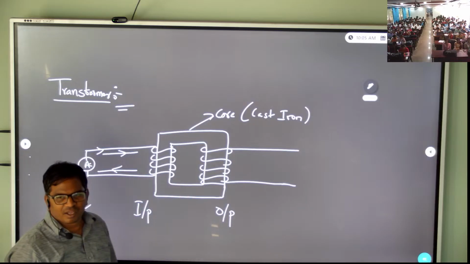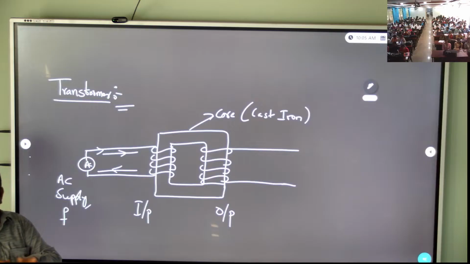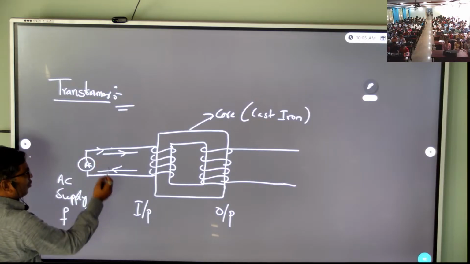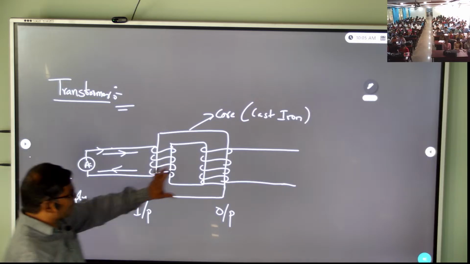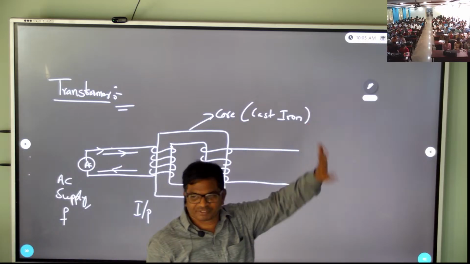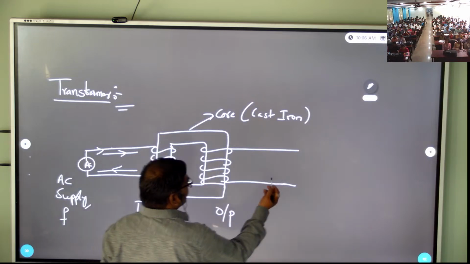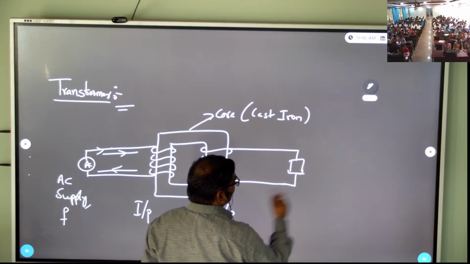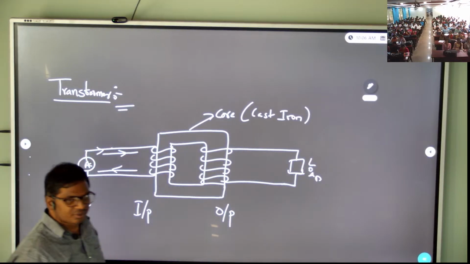In your charger, whatever you see, the two terminals are the transformer output. These two terminals are given to the rectifier circuit. Okay. Right. So here, this is the load. So input and output.